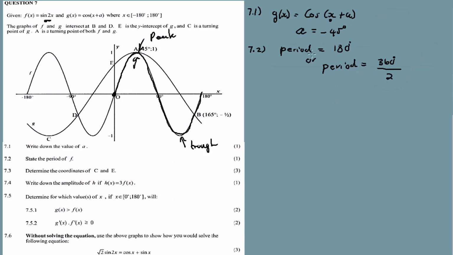If it's 1x you use 1, if it's 3x you use 3, if it's 4x you use 4. So 360 divided by 2 is 180 degrees. For the graph you check the peak, and you also check the trough. Then you write the number of degrees where the function completes one wave.